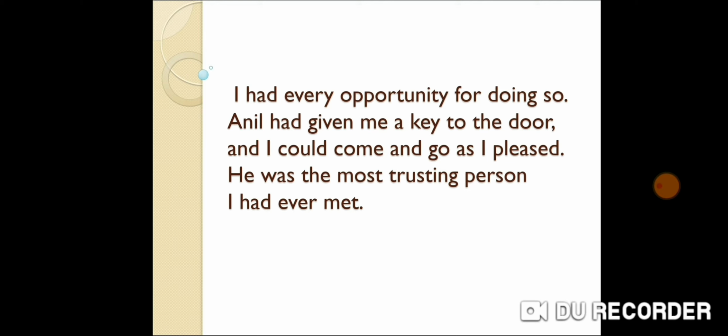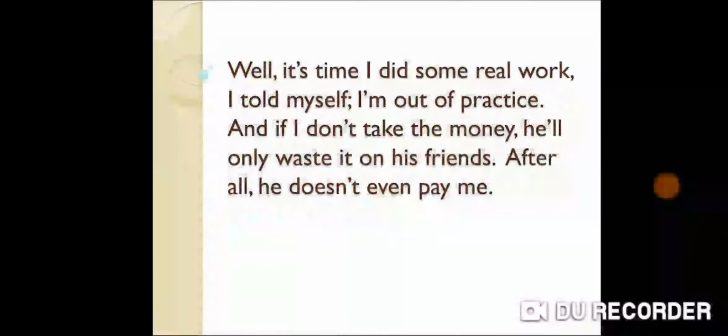Now the thief is telling that Anil was very simple, and he had made, for the first time, such a trusting person in his life. Now let's see further what happened.